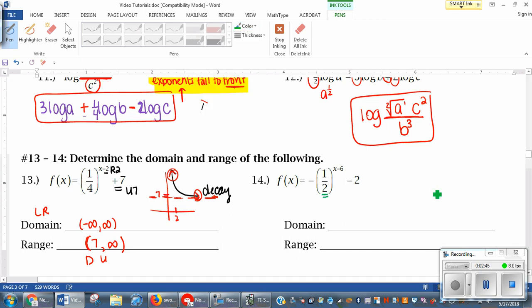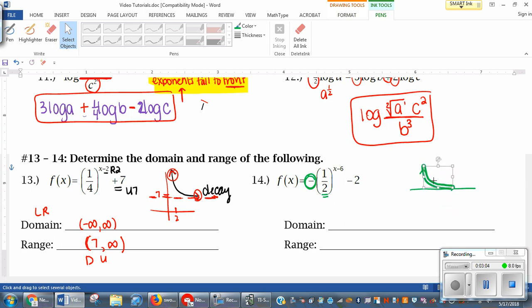So this one is still decay, so it still technically would slope down to the right, but the difference is now there's a negative. So what it actually does is it flips over this way. Just trying to get it to reflect.